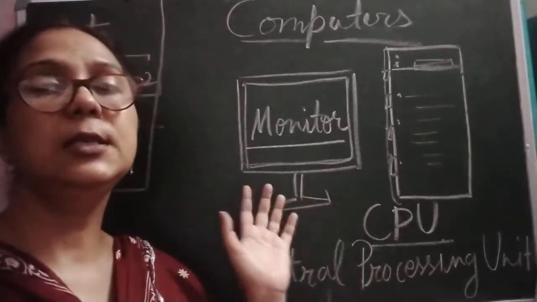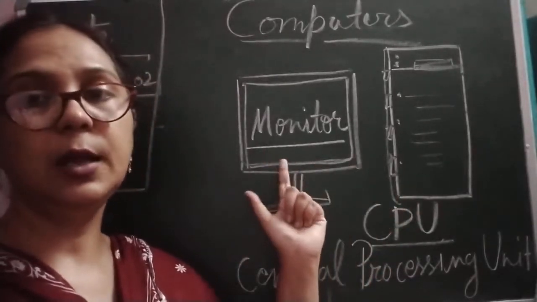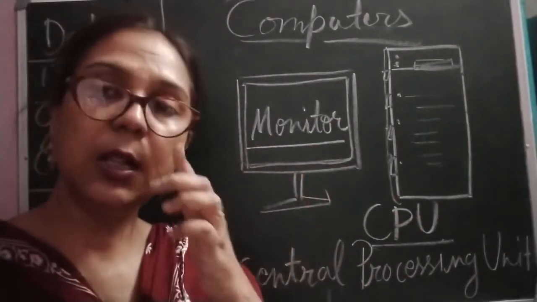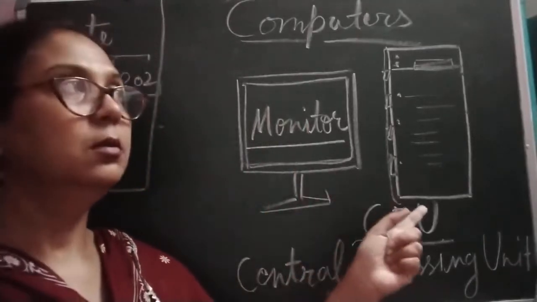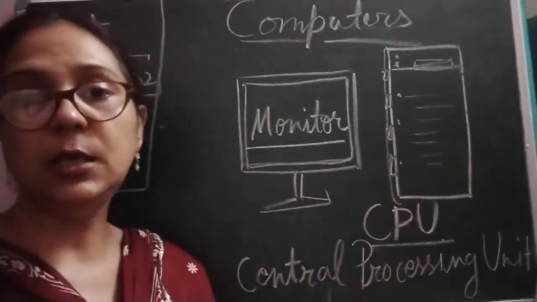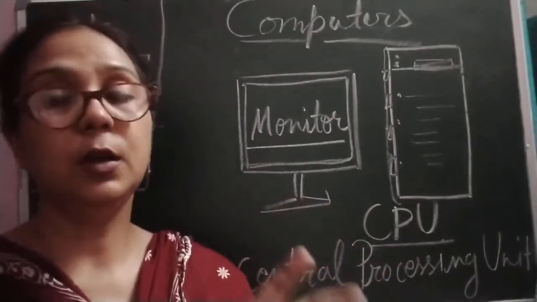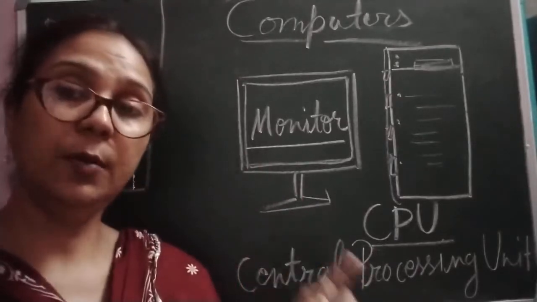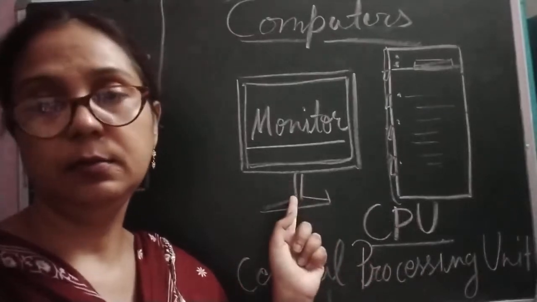It is the main brain of this computer which controls and orders everything. CPU is the most important part of the desktop, because of this it can run.